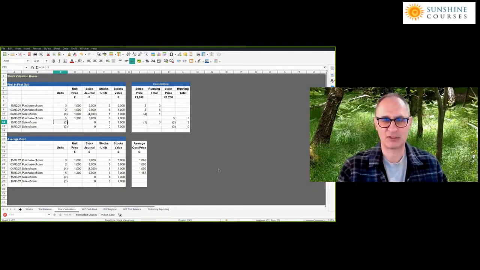It's saying whatever stock came in first is the stock that will go out first. So when you come to sell these three cars, one of them you have bought at £1,000 and two of them you'd bought at £1,200.